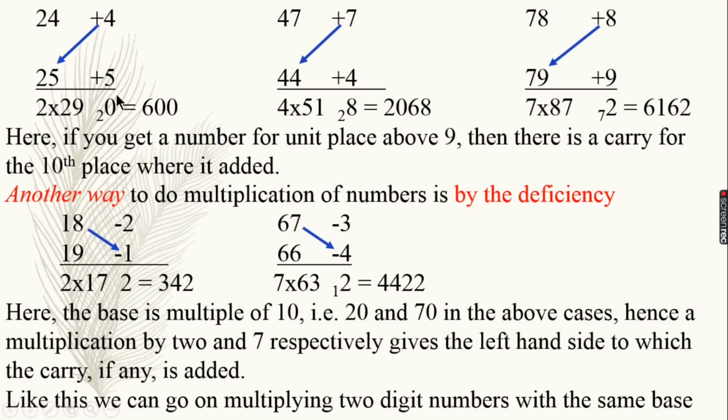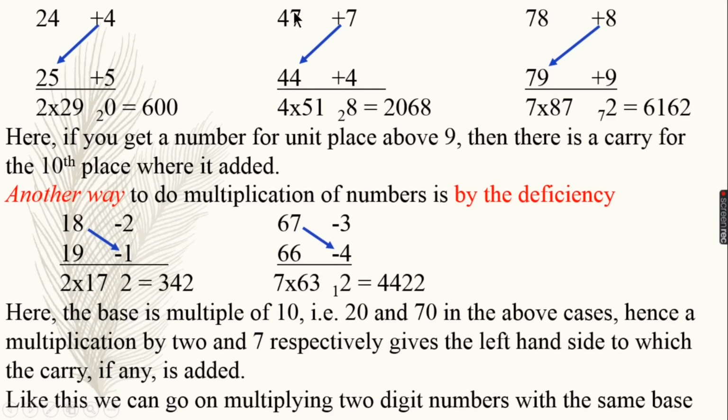So we multiply this left hand side with 2 and then add the carry, or subtract the carry, depending upon what type of number we are multiplying. So 29 into 2 is 58 plus 2 is 60. So the answer is 600.